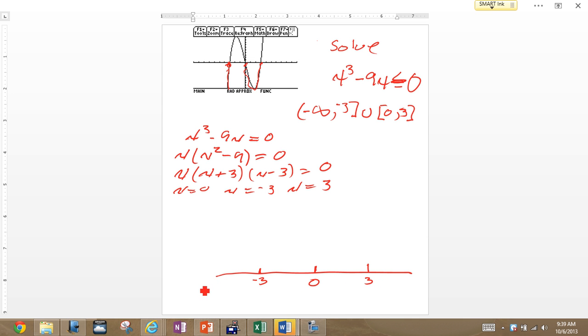That number line has effectively divided all the numbers into 4 intervals. Those intervals are easy enough to identify: negative infinity to negative 3, negative 3 to 0, 0 to positive 3, and from 3 on out. Now these intercepts come from the factors up here.